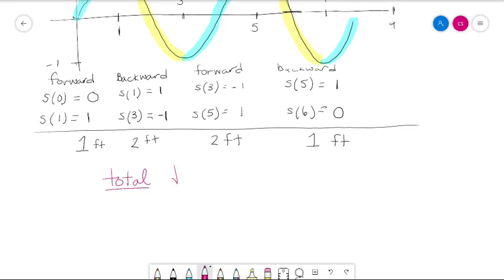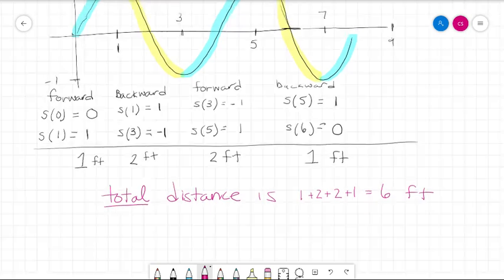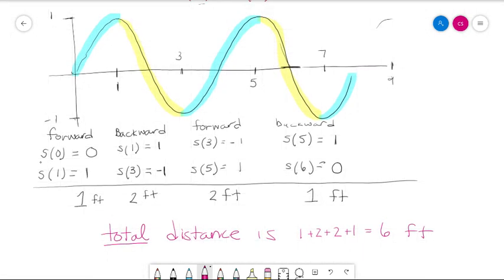So not the displacement, but the total distance in 6 seconds is 1 plus 2 plus 2 plus 1, or 6 feet. All right, and again, if we were to look at displacement, if we start at time equals 0 and we end at 6, that's the displacement 0. We're back where we started.